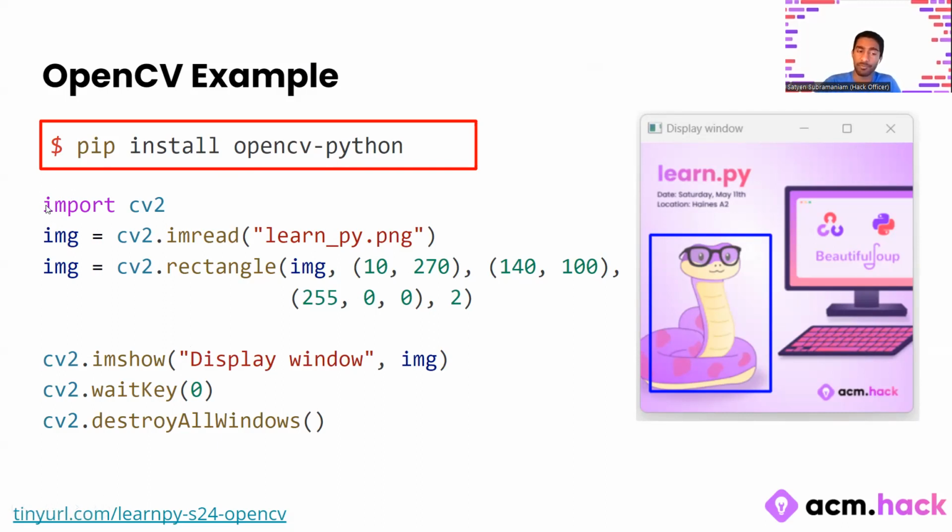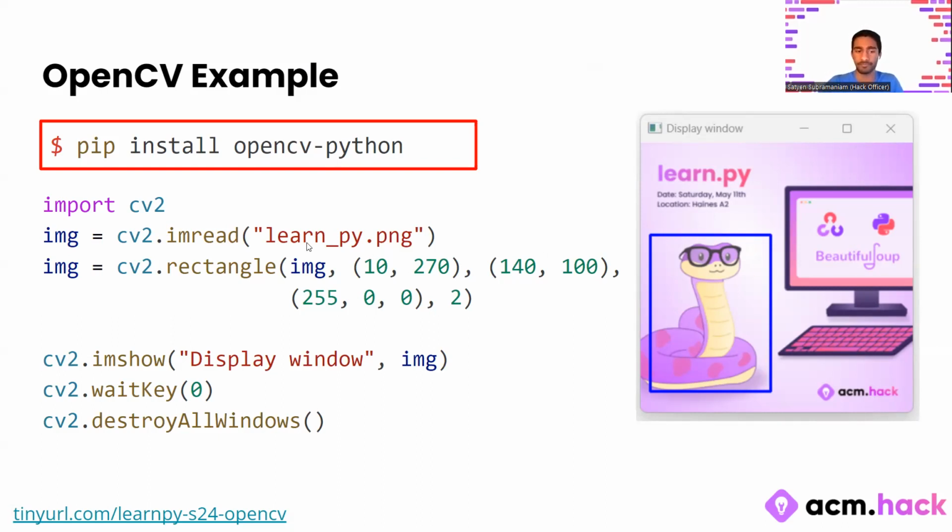The first line here is just importing the library, the module that we installed. And the second line is calling the image read function, and then we're giving it the location of the image to look for. In this case, it's the learn.py image that we have alongside our code.